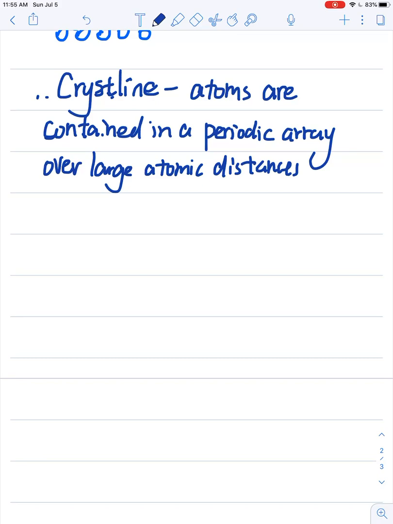And a crystalline structure has repetitive 3D patterns. That's a feature of crystalline structure. It has repetitive 3D patterns.